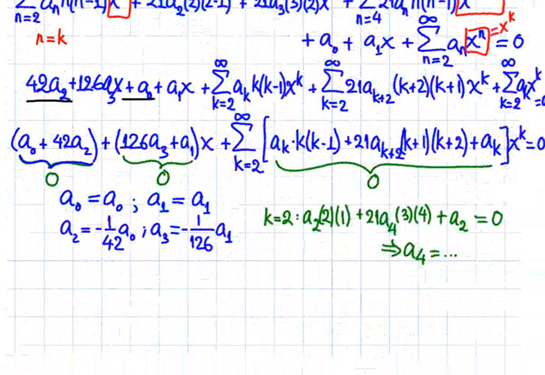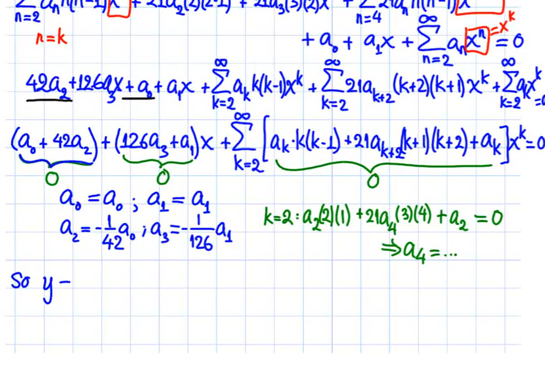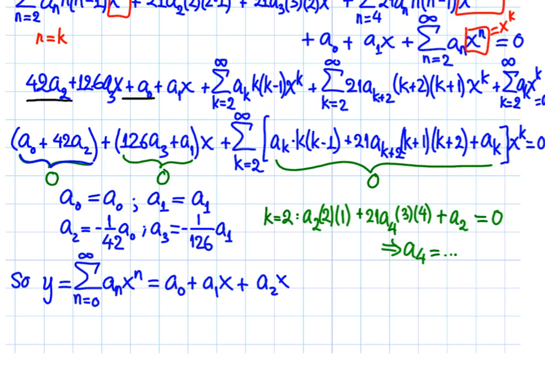So we will say the solution y equal to power series n equal to 0 to infinity a n x to the n power, which means a0, a1 x, a2 x squared, and a3 x cubed, and so on. But we have a0 is just a0 because we're not sure about that constant.